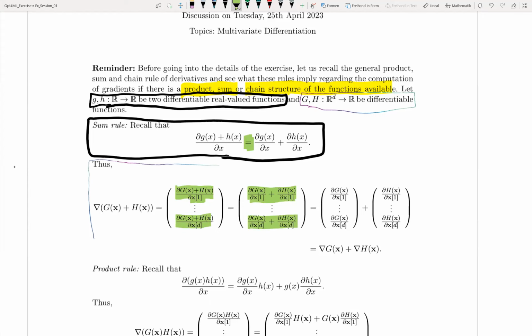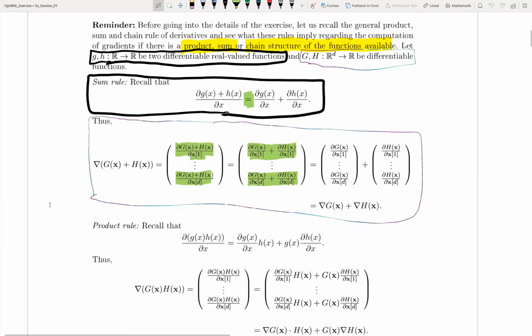What are these column vectors? The first one is the gradient of G. The second one, which we add here, is the gradient of H. So we started with the gradient of the function G plus H, and we see it's nothing else than the gradient of G plus the gradient of H. Quite intuitive.